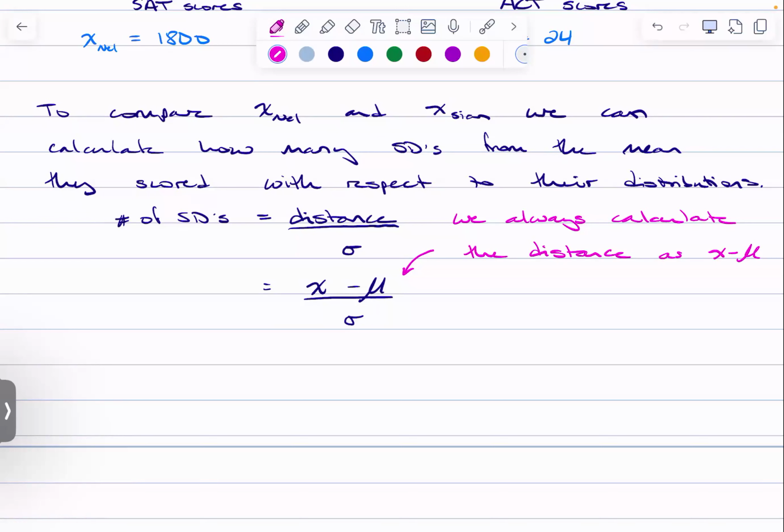Positive values mean you're above the mean and negative values mean you're below the mean.